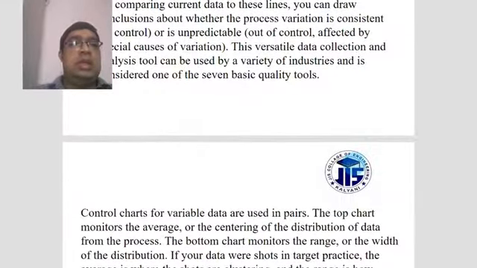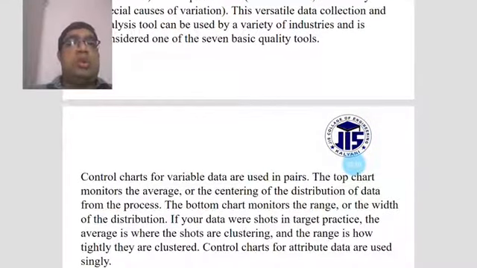The control charts for variable data are used in pairs.